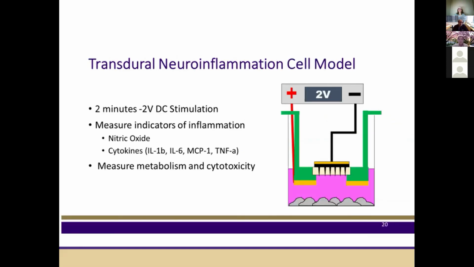So here's an example with the transdural setup. At the bottom of the wells, you can see cells located there, and to model neuroinflammation, we expose the cells to an inflammatory environment, and then we measure their production of nitric oxide as well as a number of inflammatory cytokines.